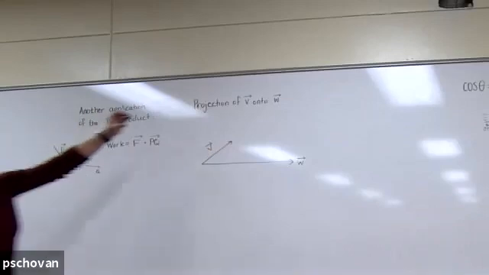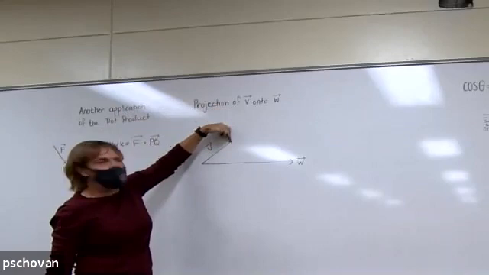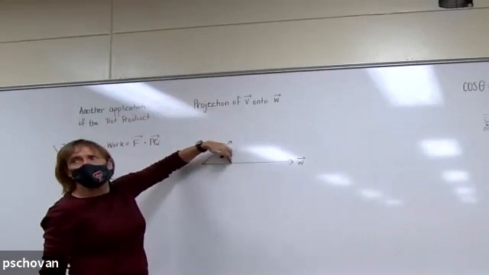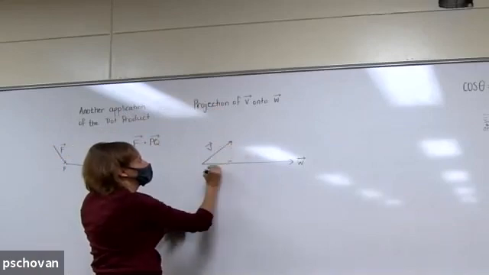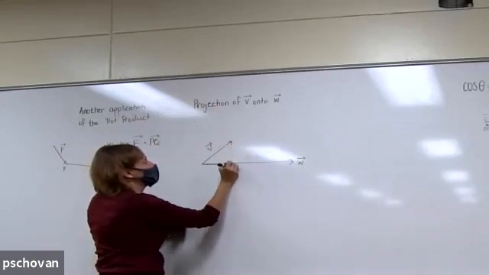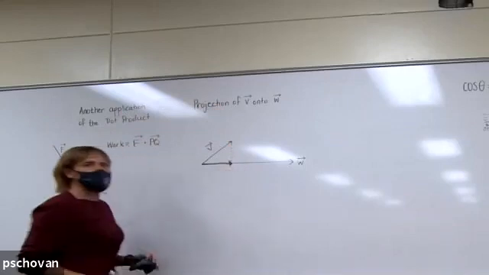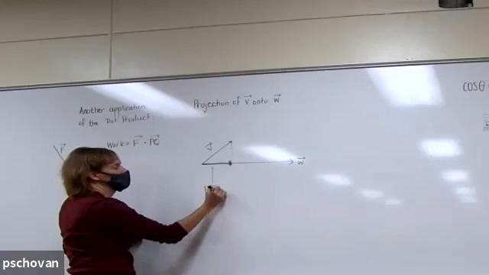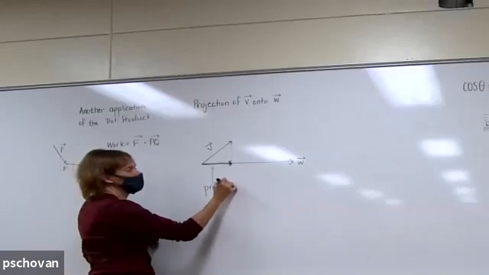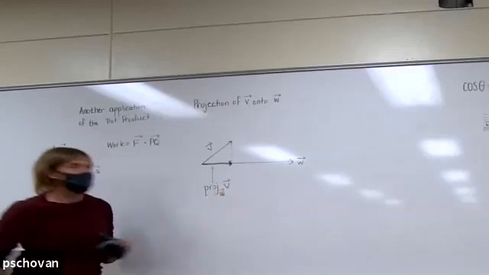If the sun were directly overhead right here, and it created a shadow for vector V on the ground that is vector W, that vector here is the one that I'm referring to as the projection vector. This is the projection of vector V down onto vector W.